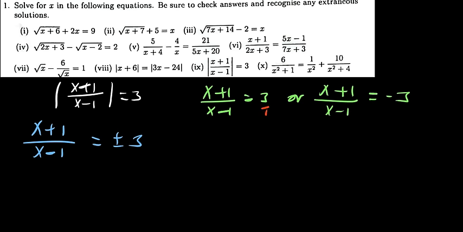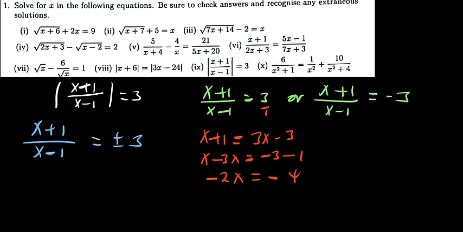So if I cross multiply, I'll end up having x plus 1, the top part, is equal to 3 times x, which is 3x minus 3. So it will be x minus 3x is equal to negative 3 minus 1. This is going to give me 2x is equal to negative 4. I divide both sides by negative 2, and x will be equal to 2.